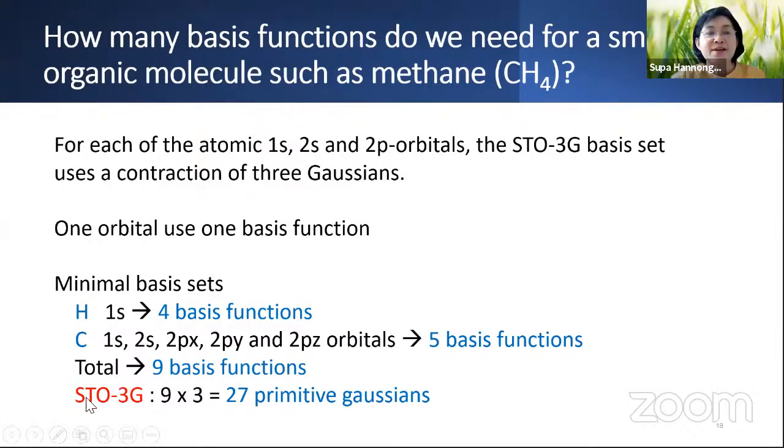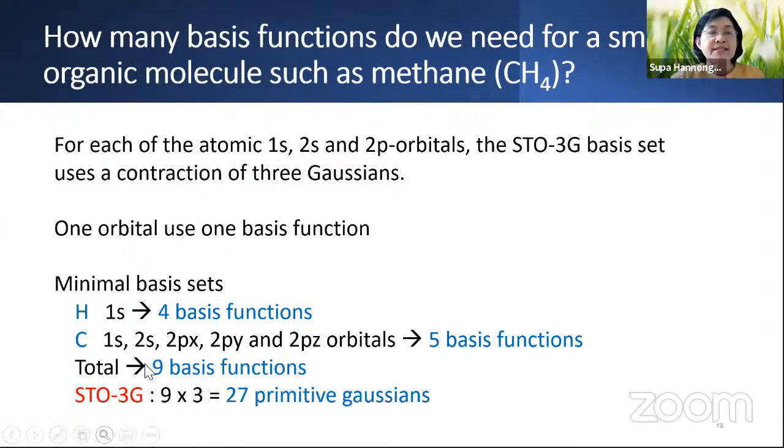And finally, the basis set STO-3G results in altogether 27 primitive Gaussian functions, right? So step by step, yeah.